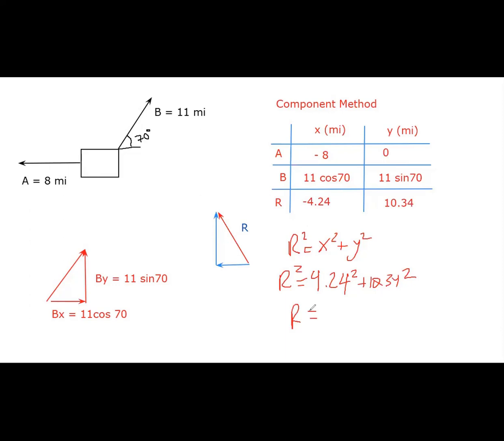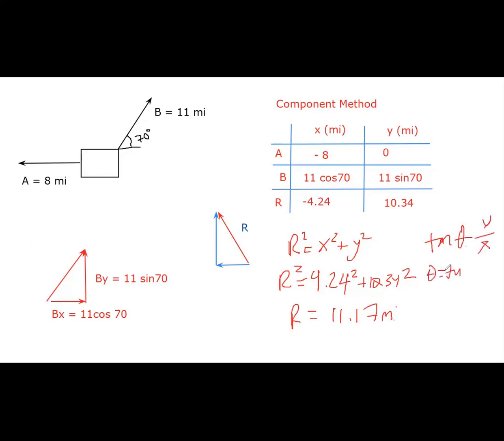R equals 11.17 miles, and tan theta equals y over x.